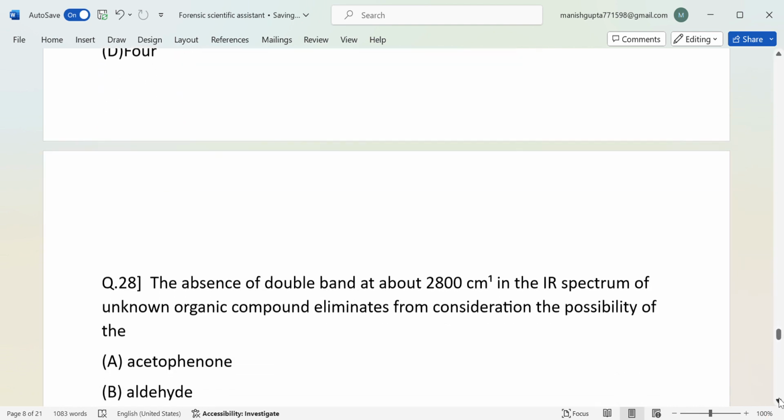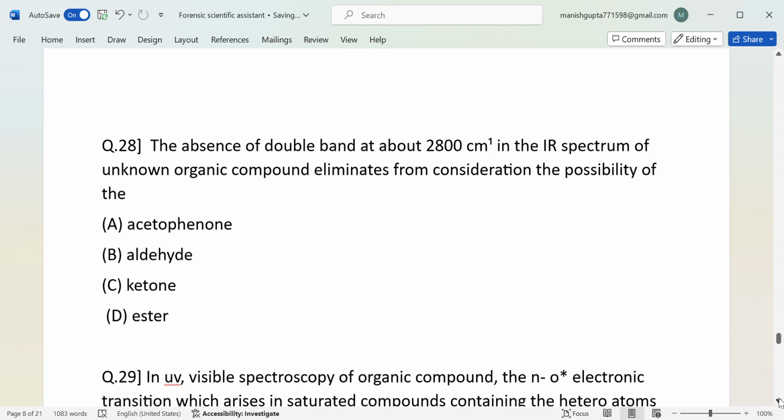Now question number 28. The absence of a band at about 2800 centimeter inverse in the IR spectrum of an unknown organic compound eliminates from consideration the possibility of the dash.